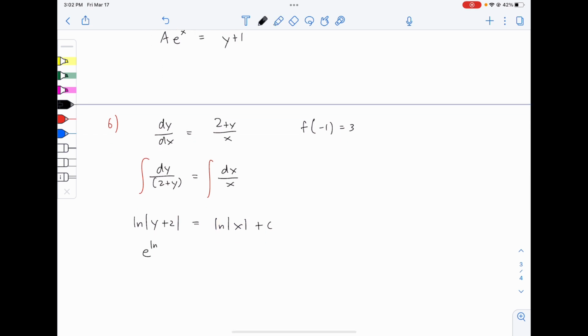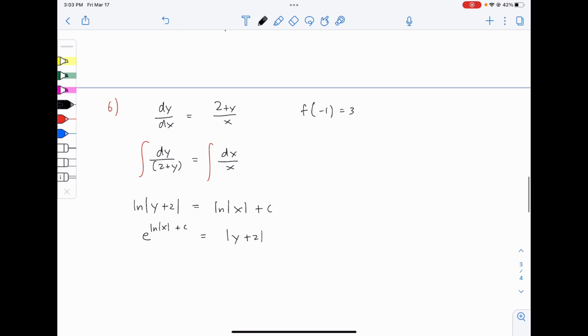E to the ln of the absolute value of x plus c is equal to the absolute value of y plus 2. Now, I don't know if we're looking for a positive or a negative solution over here, so I'm going to rewrite this as the plus minus of e to the c times e to the ln of the absolute value of x, and that's equal to y plus 2.